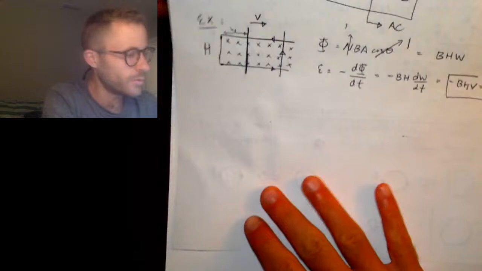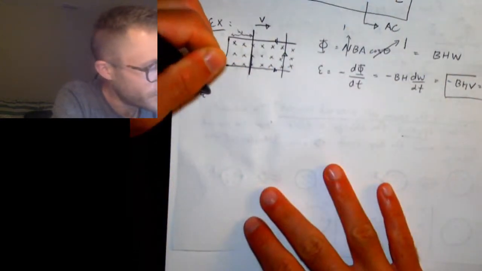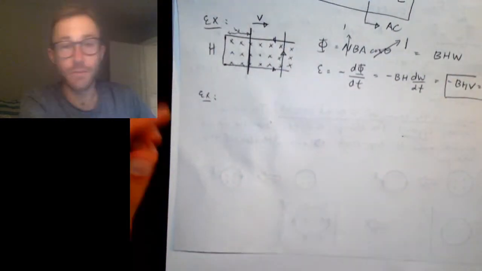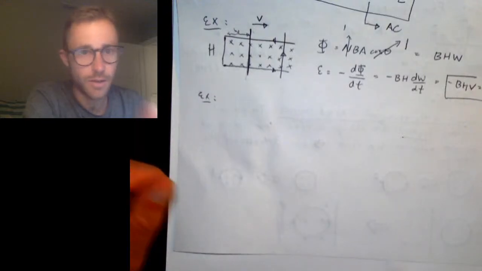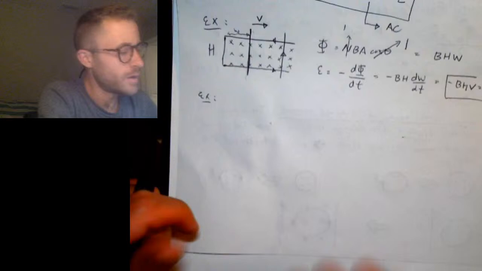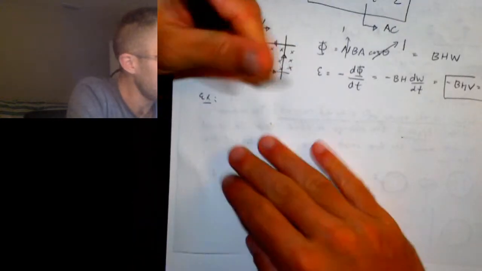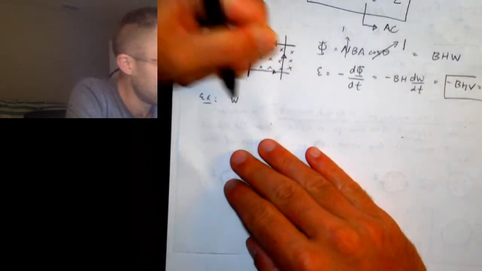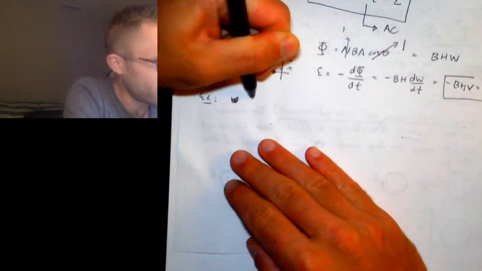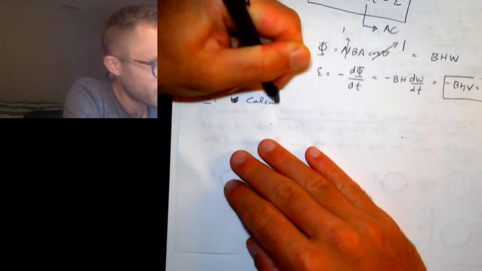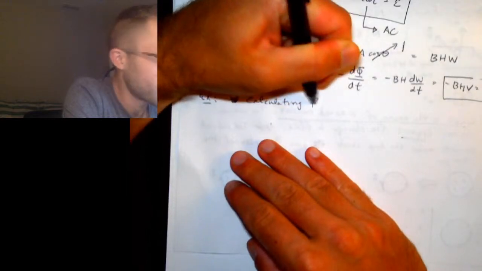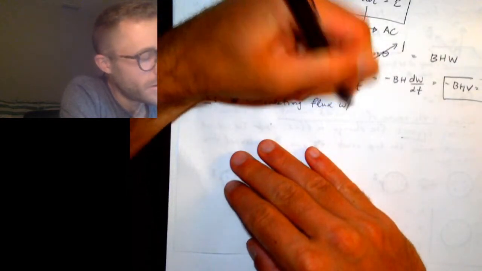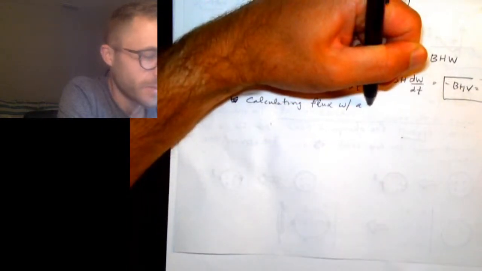I did want to do one problem, and this doesn't even involve Faraday's law of induction, but it is in the homework, and I think it could trip you guys up, which is calculating flux with a non-constant magnetic field.